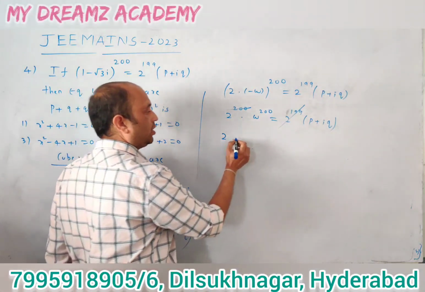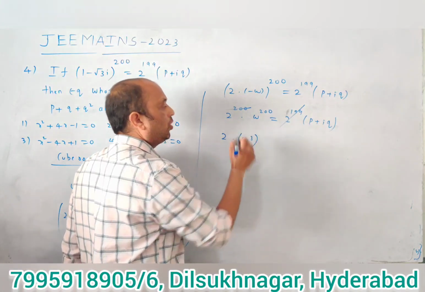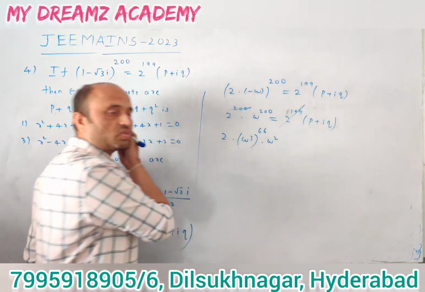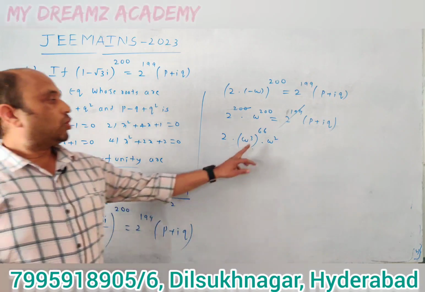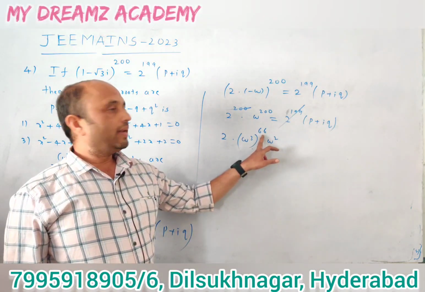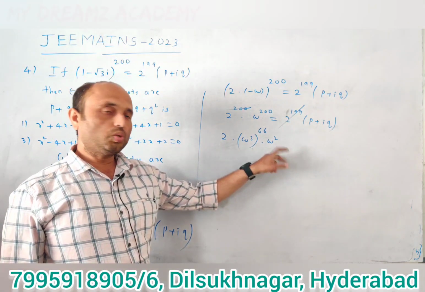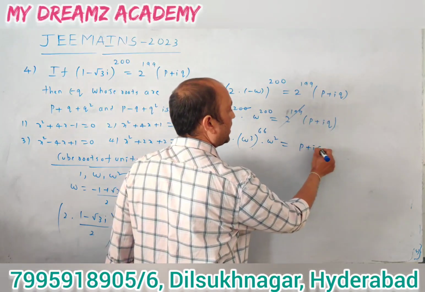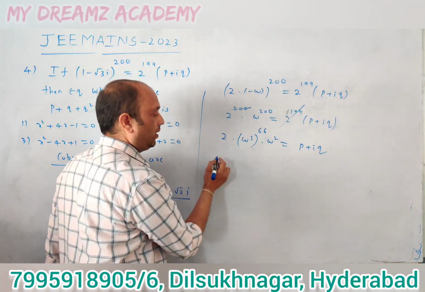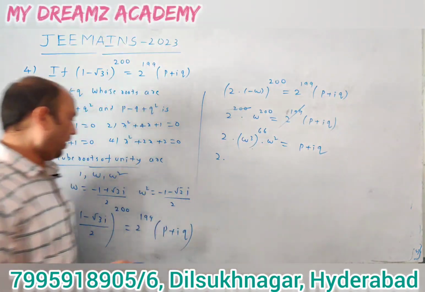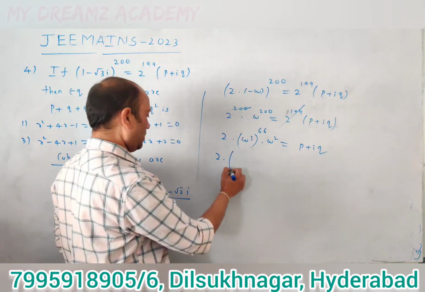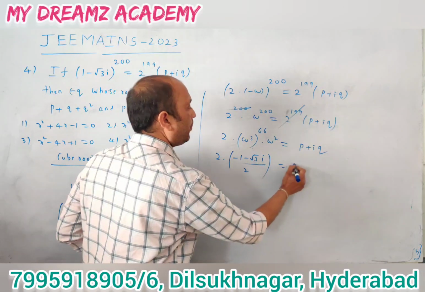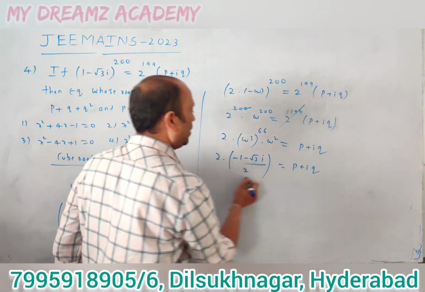So convert it in terms of omega cube whole to the power of 66 into omega square, since 198 plus 2 is 200, is equal to p plus iq. This is 1, 2 into omega square, that is minus 1 minus root 3i by 2, equals p plus iq.